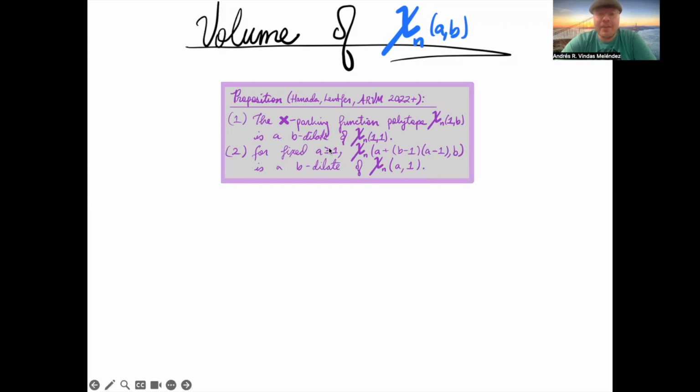Now for a fixed A greater than or equal to 1, this particular X parking function polytope is a b dilate, meaning we're scaling the polytope by our chosen value of b, where X is (n, a, b), A is any fixed integer greater than or equal to 1, and b is all 1.